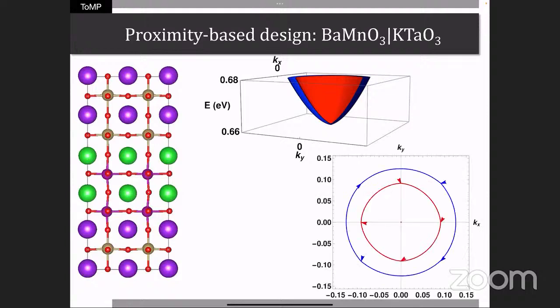So here is the 3D band, a pair of 3D bands that show Rashba-like interaction. And here we can see the constant energy contours as well as the projected spins, not from any model, rather directly from the DFT calculation. So we can see here the spins precess, but it doesn't precess according to whatever we have seen earlier in the theoretical description. This is somewhat different.